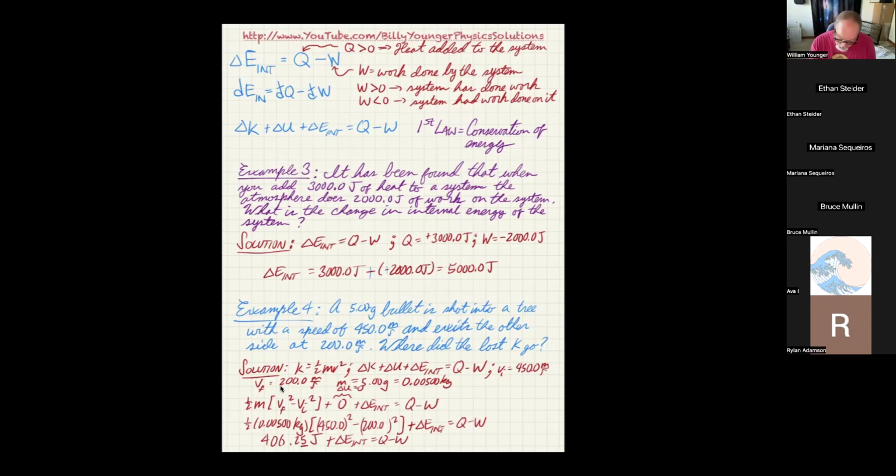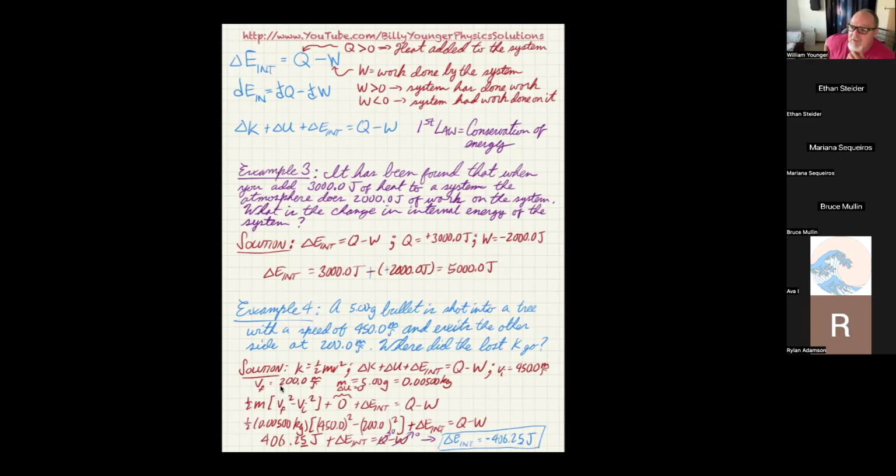So, in other words, what we're saying here is this quantity is zero, this quantity is zero, therefore, delta E internal is equal to negative 406.25 joules. And that's what happened. So the total internal energy of the system, in some sense, went down by negative 406.25 joules.